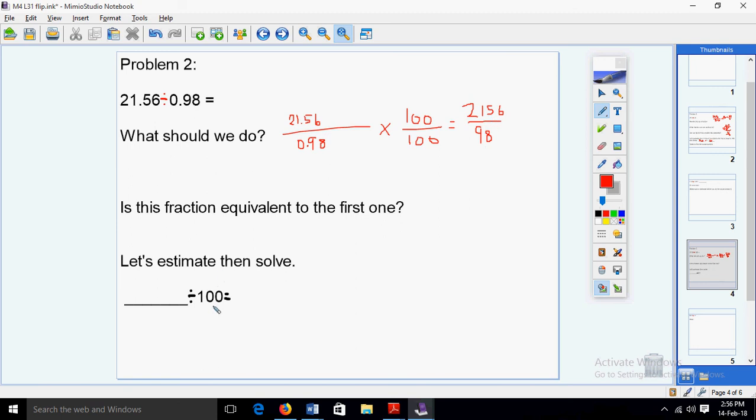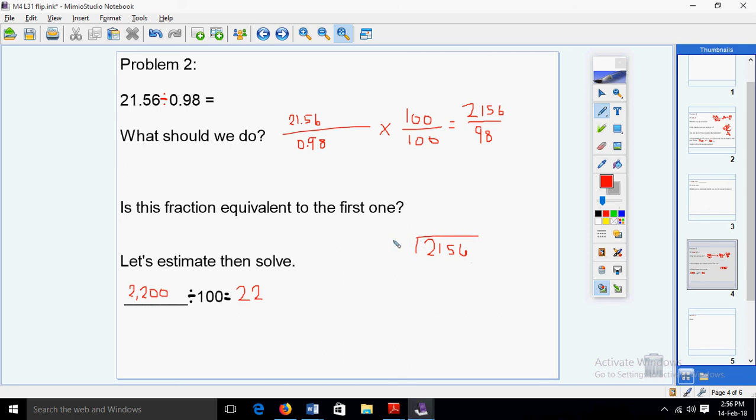I know that 100 times 22 is 2,200, which is pretty close to 2,156. So I'll put 2,200. 2,200 divided by 100 is 22. So our answer is going to be around 22. Let's go ahead and solve it.